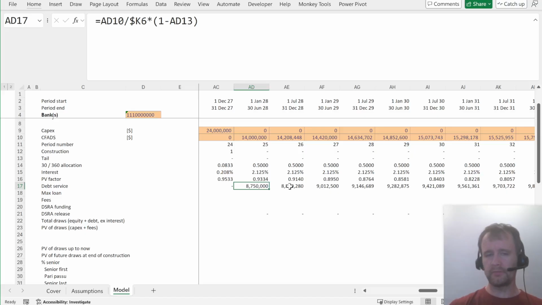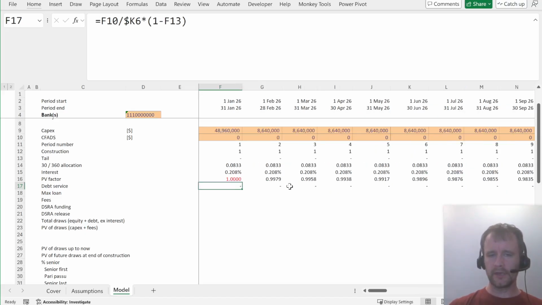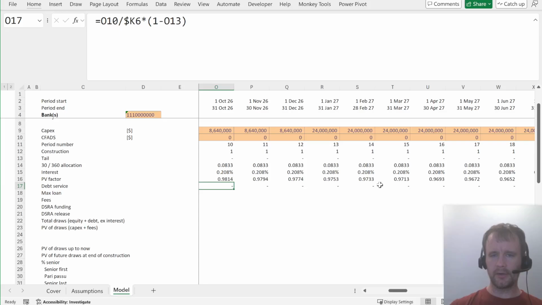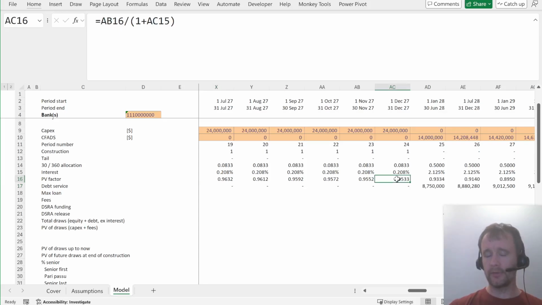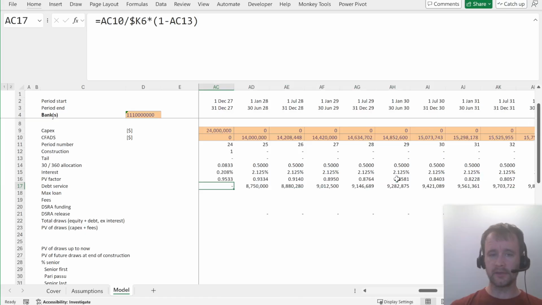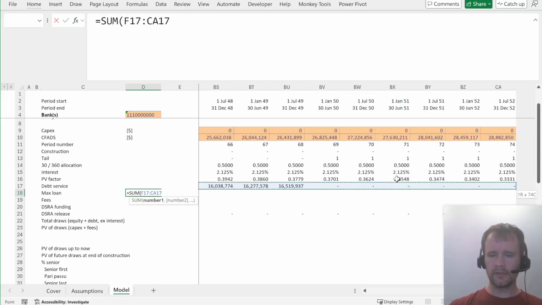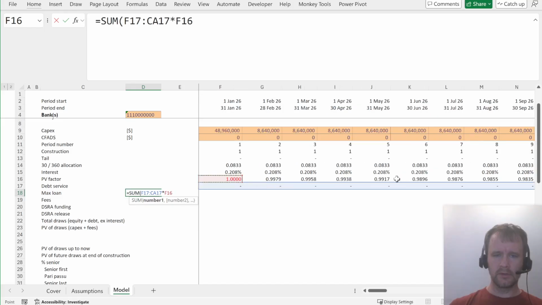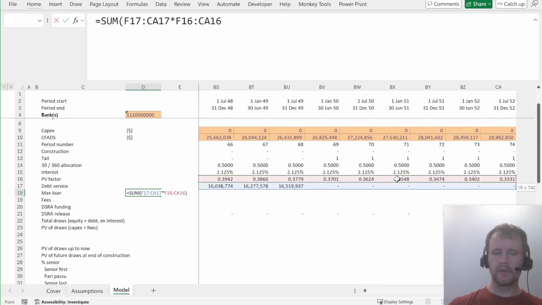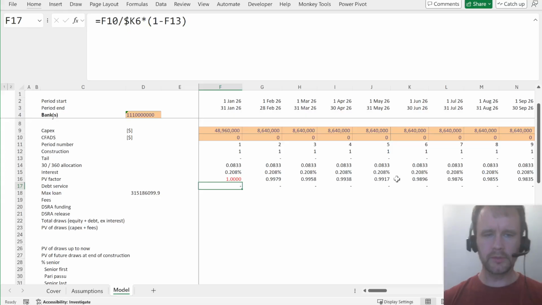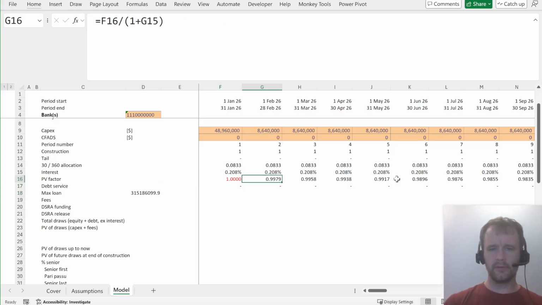And so if you discount that back to here, or ideally back to here, the end of the construction period, then you get the value of the maximum loan that you can afford to pay with these debt service payments. So let me just do that. Say sum of this times this. So that will give you, oops, I must have had it in a different cell before because I did have all my formats set up, but never mind.